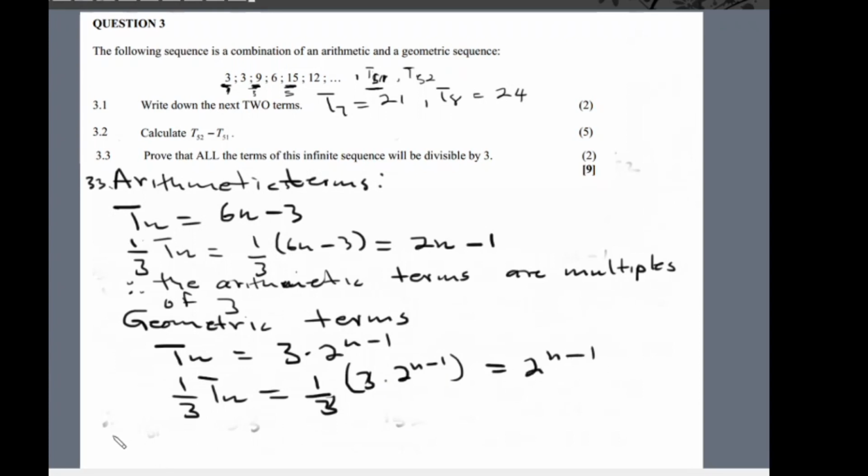So in the geometric terms, each term is multiplied by 3 and by 2 raised to a power. Each term is multiplied by 3 and 2 raised to a power.